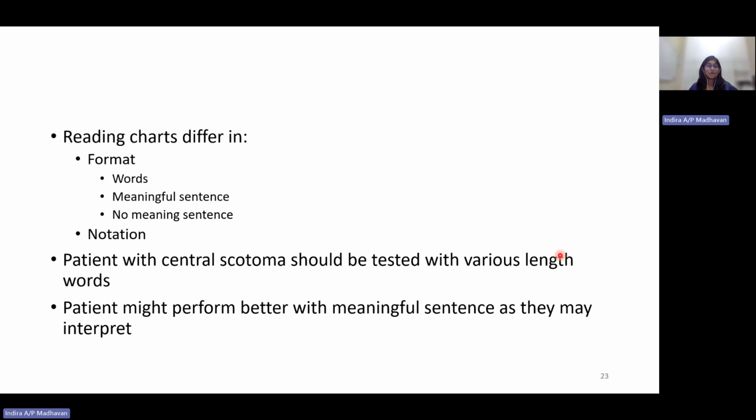Nobody reads no-meaning sentence books or any reading material. So usually the meaningful sentence is selected because it represents the real situation of people reading. No-meaning sentences also exist, for some other reasons, but mostly in clinical assessment we use meaningful sentences.